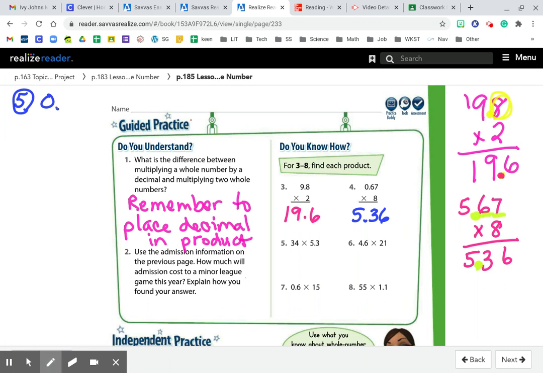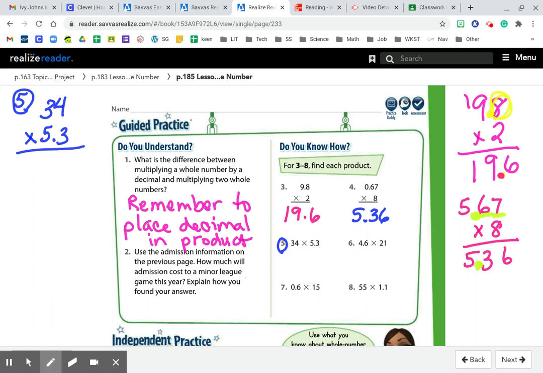For this one, I'm going to set up my problem differently, make it easier to multiply. I'm on number 5. I have 34 times 5.3. I'll just leave it like that. That's fine.